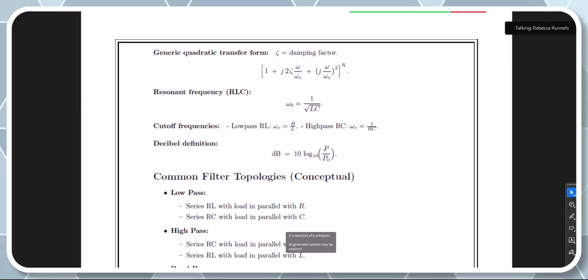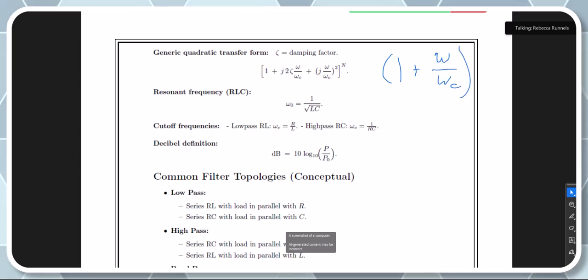Okay, something else you will want to have on your formula sheet is that for most of the Bode plot stuff, it's all the same. You have factors that look like 1 plus omega over omega c.